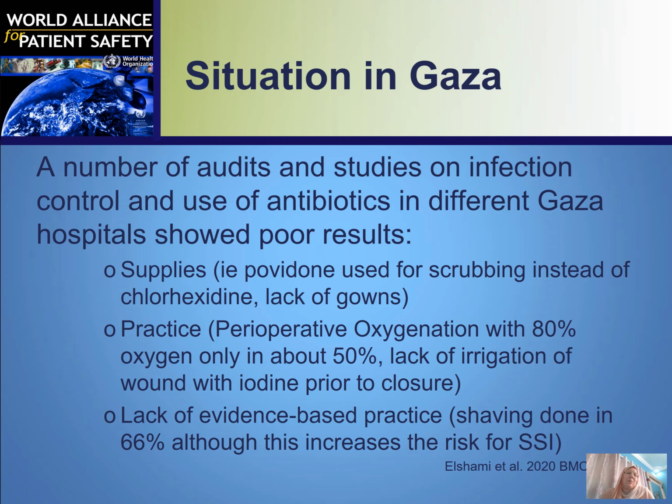One quite shocking feature in this research was that about 66% of cases still underwent shaving prior to surgery or even within the surgery theater, which is absolutely shown not to reduce but to increase infection rates, and therefore should not be done unless there's absolute necessity, for extreme hairiness. So these were all practices which were not followed properly within this study.